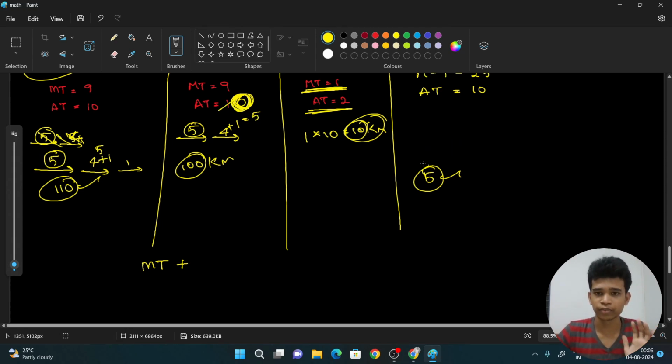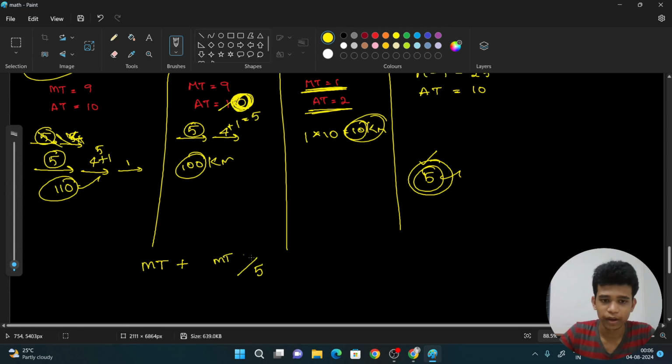When should we transfer? When we can consume all these 5 liters, then we can transfer, right? So for the main tank, whether we want to divide by 5, just observe. If it is 9, first I will divide by 5. Yes, it will be what?